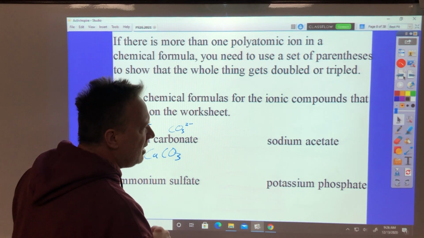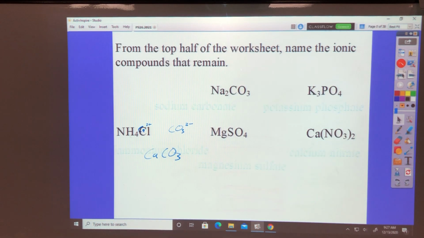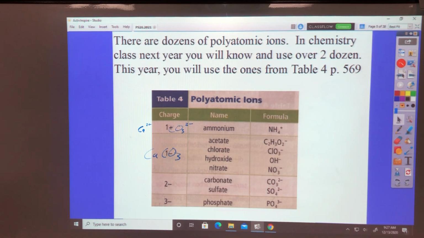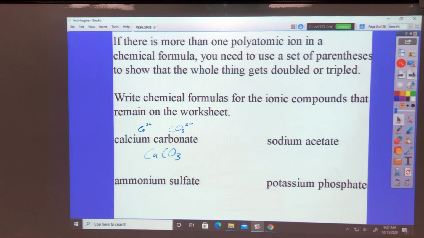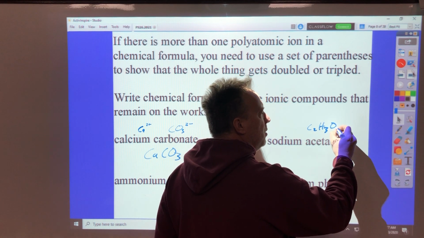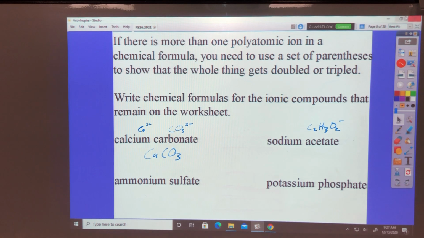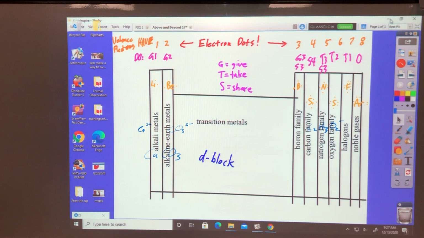How about sodium acetate? Okay, well if we back up a few pages, acetate is C2H3O2 minus. If you look on the paper, sodium is back here, 1 positive.